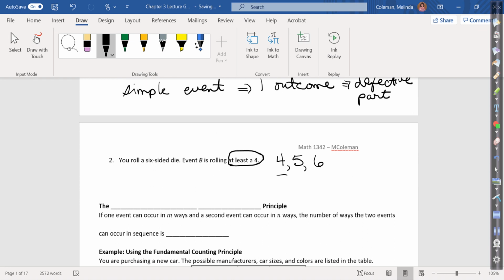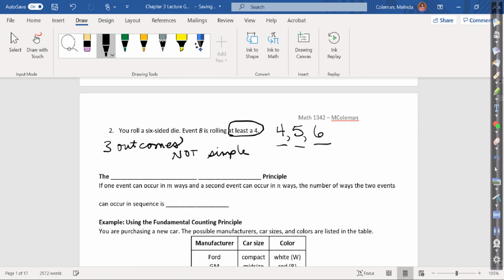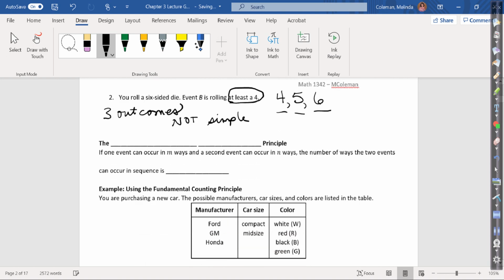Since we have 3 different outcomes, this is going to make this not a simple event, based on the fact there are 3 possible outcomes. Okay. Next is the fundamental counting principle.